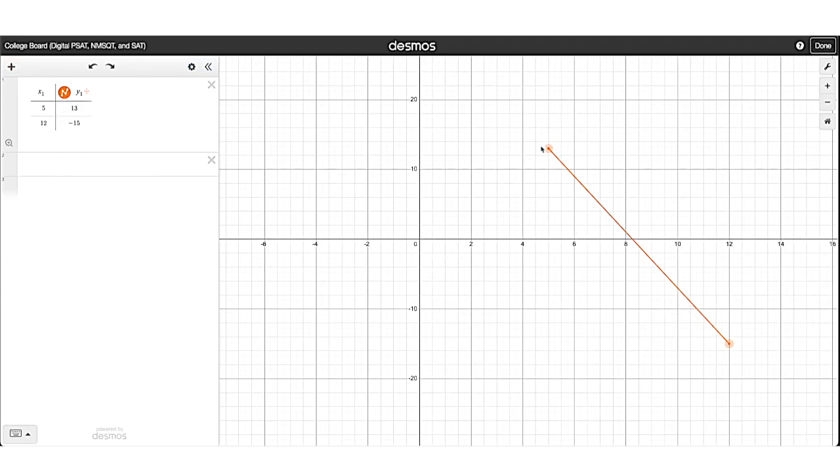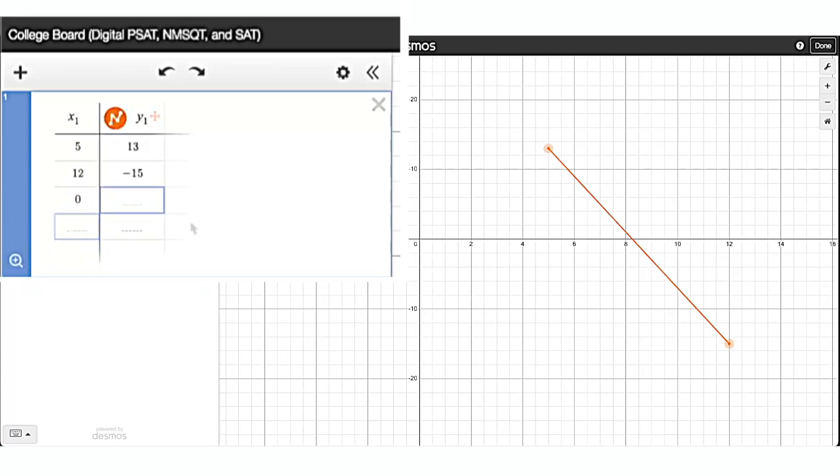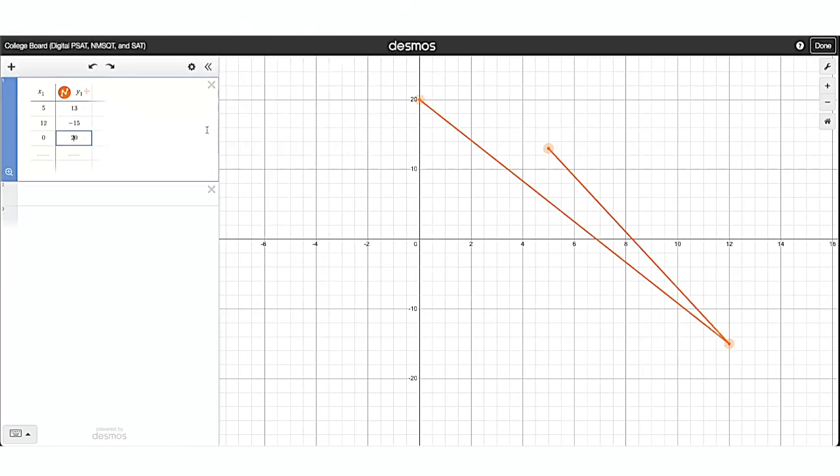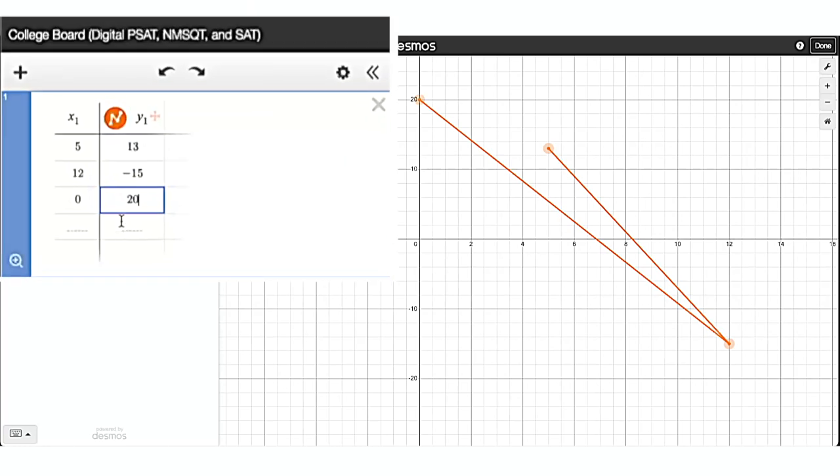The problem is this is not going to the y-intercept. So let's add our y-intercept, x equals 0. And then what would y equal? Well, we know it's going to be somewhere up here, so we could say like 20. But now you see we have two different lines. But if we keep messing with it, if we say like 25, 30, 32, 33, boom, it lines up.